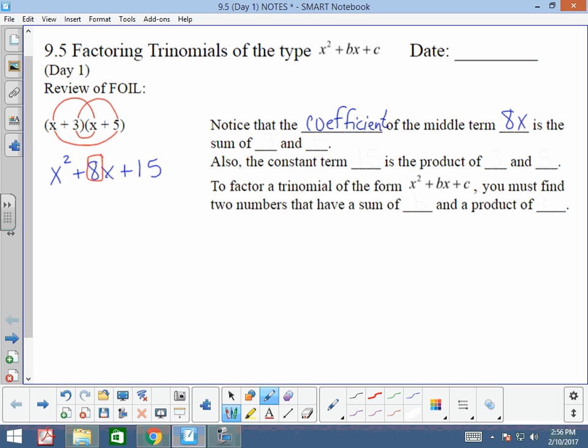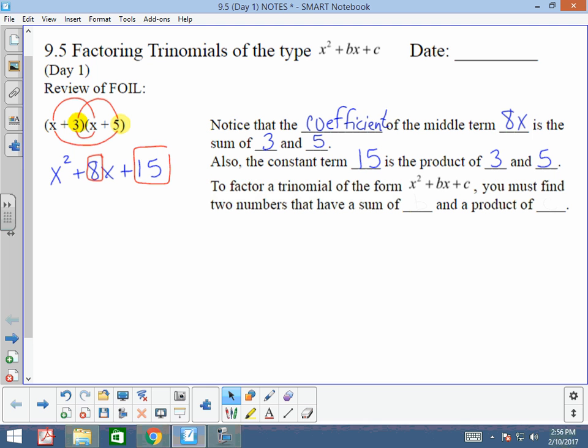So notice that 8 is the sum of 3 and 5. Also notice that the constant term, which is 15, is the product of 3 and 5.